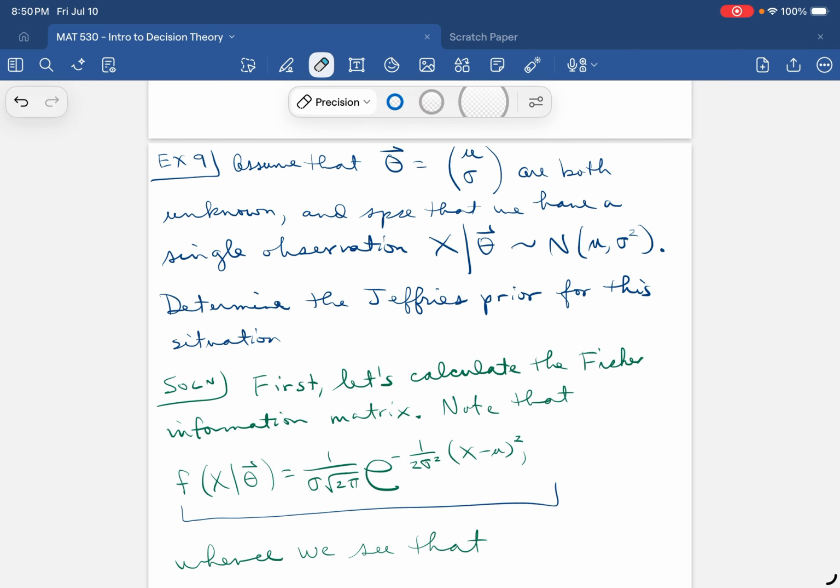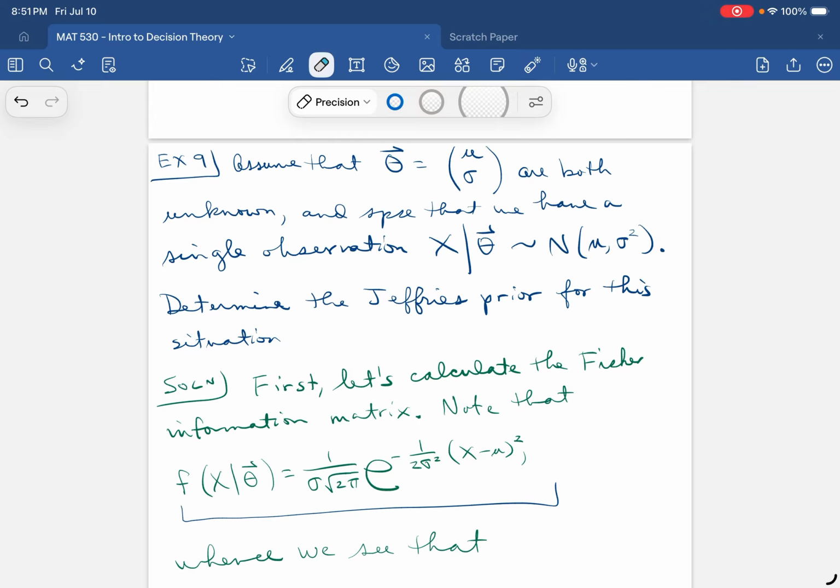Here we have an example where the data, let's start there, is a normal random variable which depends on the mean and the variance, and we're assuming in this case that both of those values are unknown to us. So therein lies the source of our parameter vector, which you can see up here. So theta is a vector with 2 components, mu and sigma, and so we want to determine the Jeffreys prior for this situation.